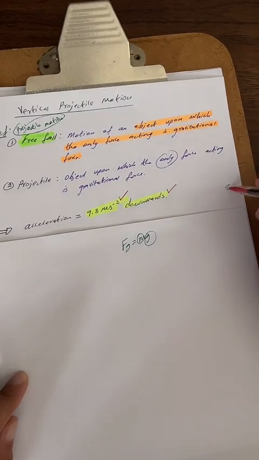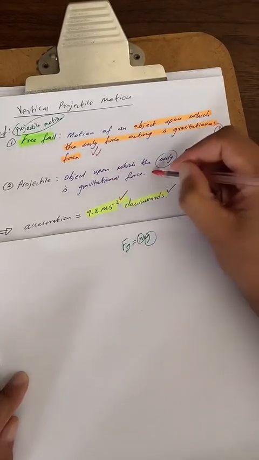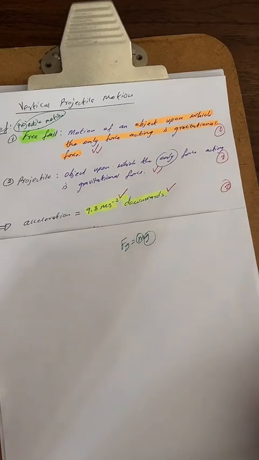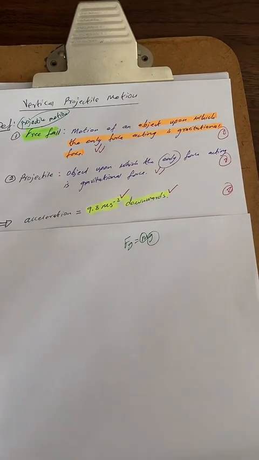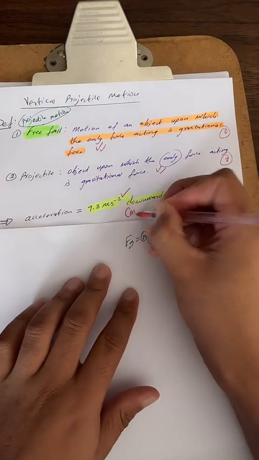So these are 2 marks each. You can formulate questions on them in a test. When we are dealing with question 3 of the grade 12 question paper, we regard acceleration to be 9.8 meters per second squared downwards always, at any point of the motion. It does not change.